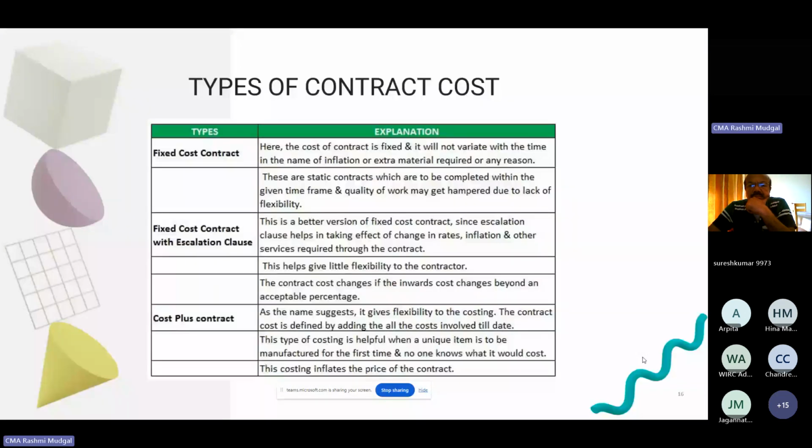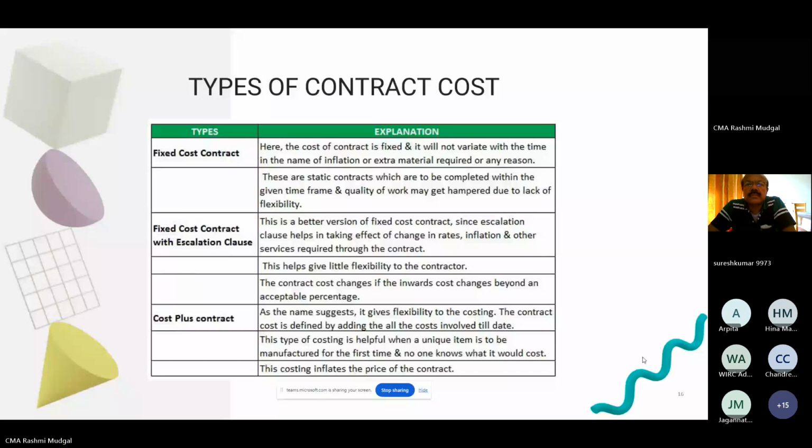Okay, the cost plus contract. As the name suggests, it gives you flexibility in the costing. You make a construction, make a building, and we will give you 10% profit over your cost. So what happens? It involves a very good quality of work, where the contractor is able to do more work at a good price as well as with good quality.